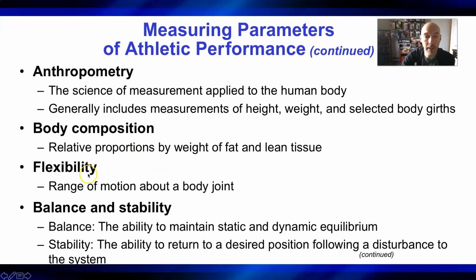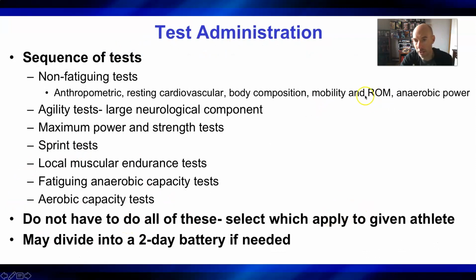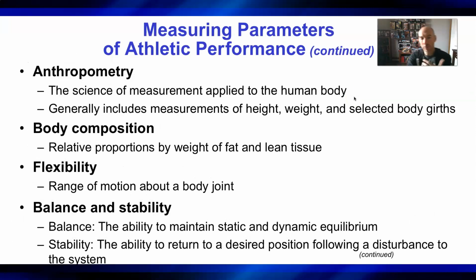Then we go to flexibility, balance, and stability. I kind of group these all together here, and on the sequence, mobility and range of motion is how it is listed. So you're going to want to do some form of test, like the sit and reach, which is the most basic test. That is not really that useful these days. The functional movement screen is actually something that is much more useful because it looks at the individual joints and how mobile and stable they are.